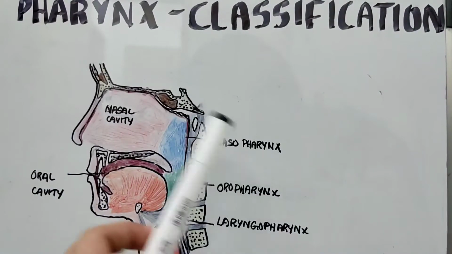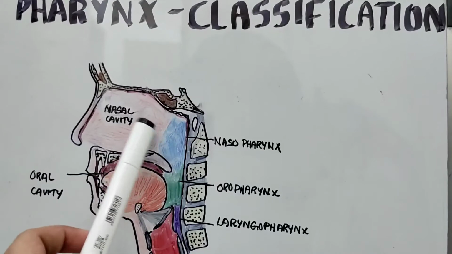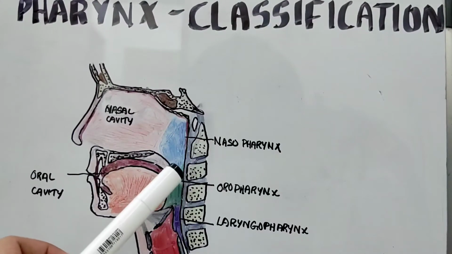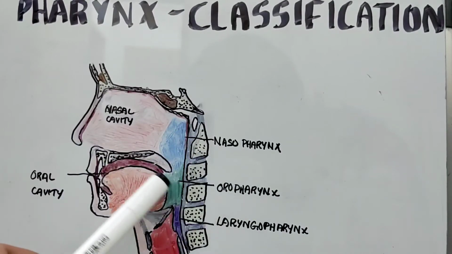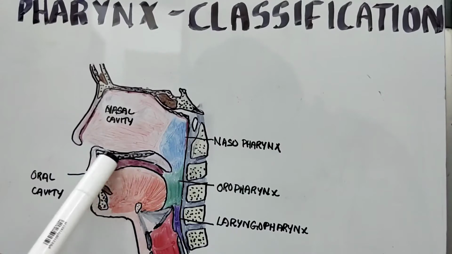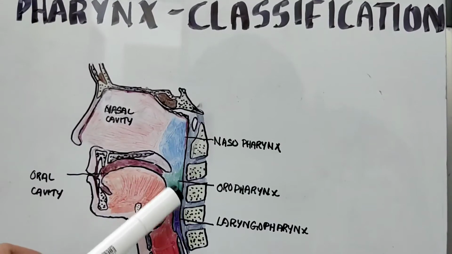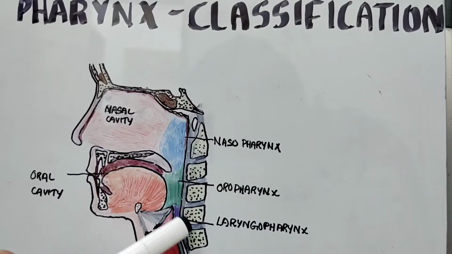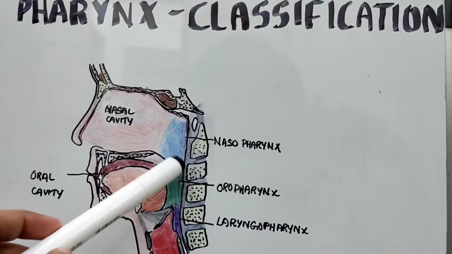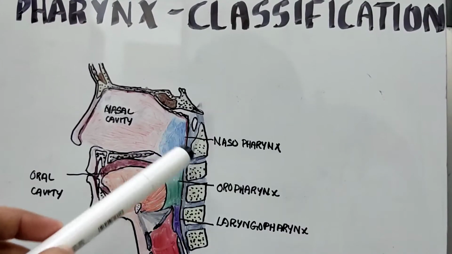The nasopharynx anteriorly communicates with the nasal cavity, and below it communicates with the oropharynx. Next is the oropharynx. Anteriorly it communicates with the oral cavity, below it communicates with the laryngopharynx, and superiorly it communicates with the nasopharynx.